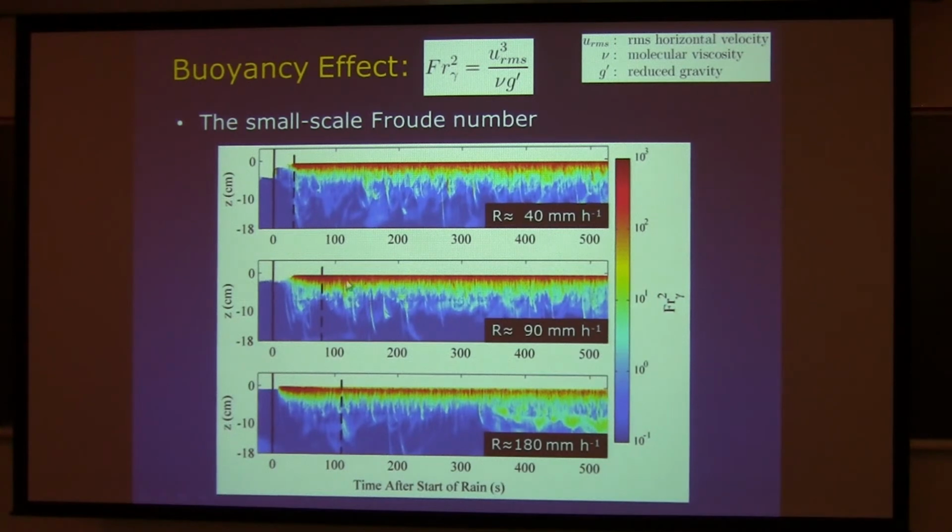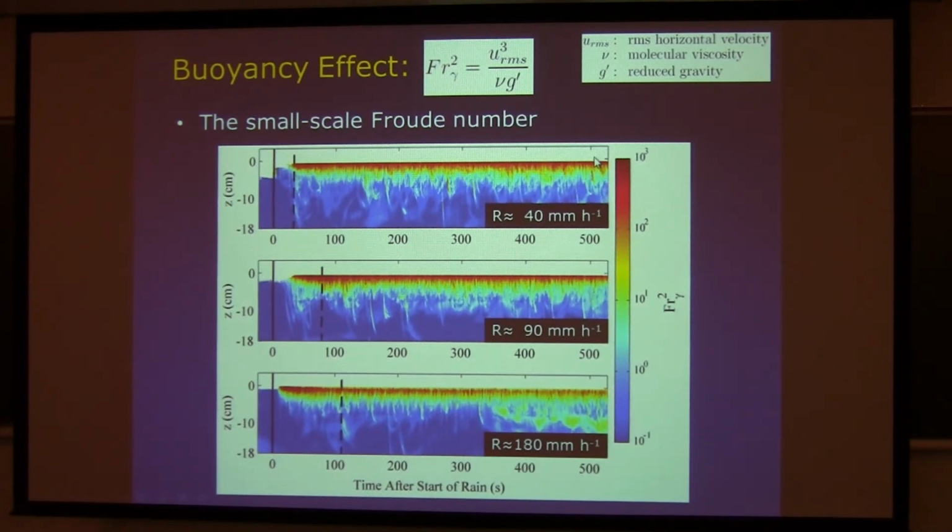At 90 millimeters per hour, you see the initial small scale Froude number of 1,000 once again, but it takes 500 seconds this time for the first order of magnitude decrease. At 40 millimeters per hour, 500 seconds isn't enough to significantly drop the small scale Froude number at the surface by an order of magnitude.